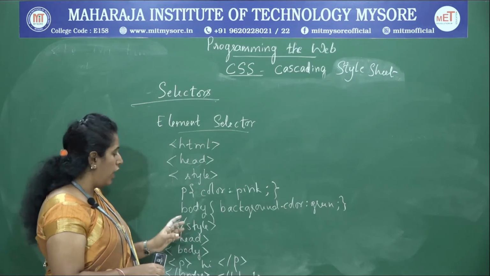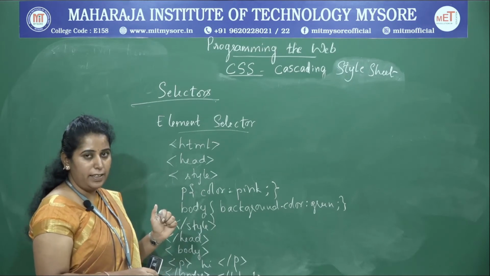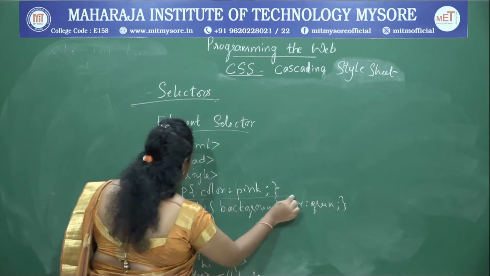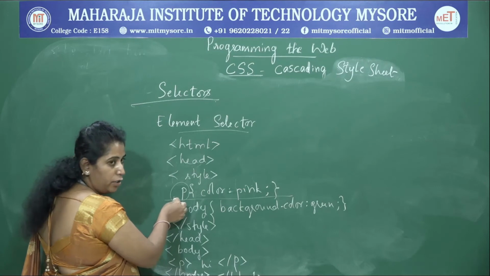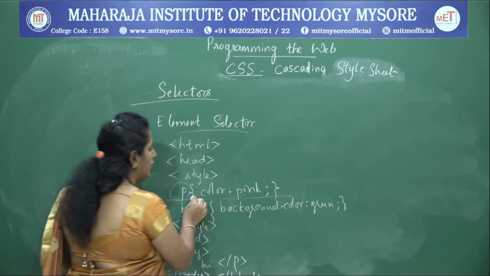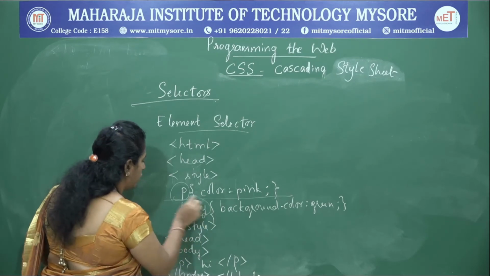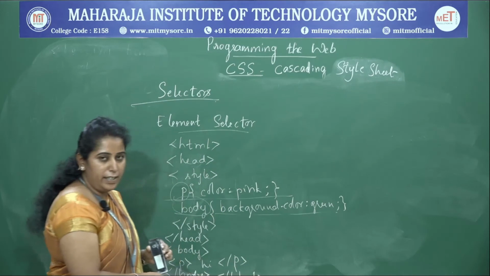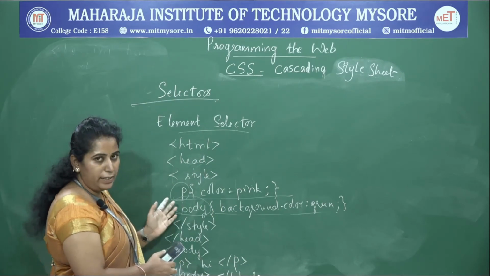Is it right? So now in this, how do I identify an element selector? Element selector means, see, this is an example. Already I have discussed this, right? This is an element or a tag and this is a property I am giving. In this case also, this becomes a selector and this becomes a declaration. So this is one simple example of an element selector.